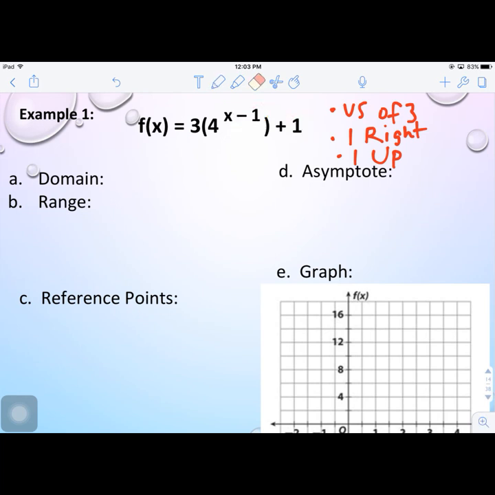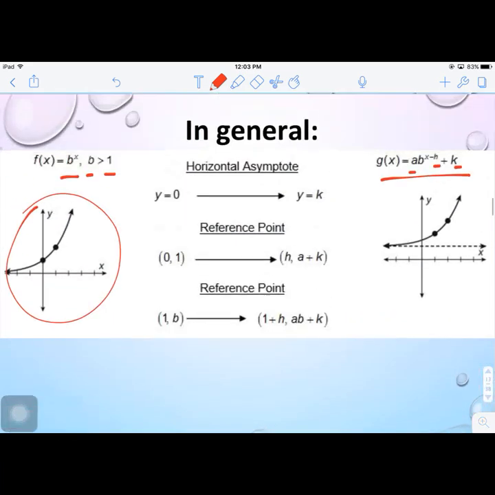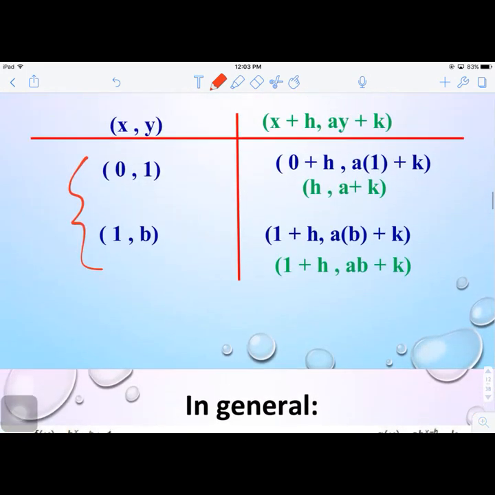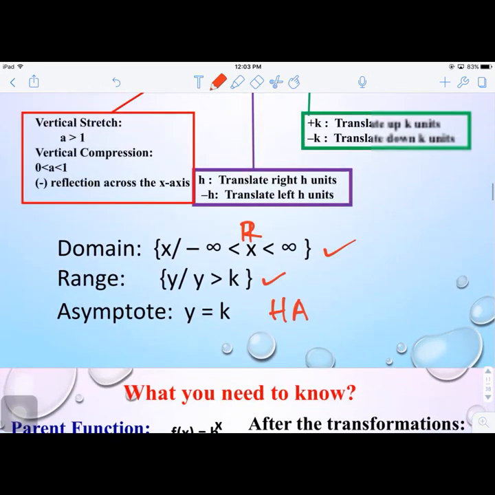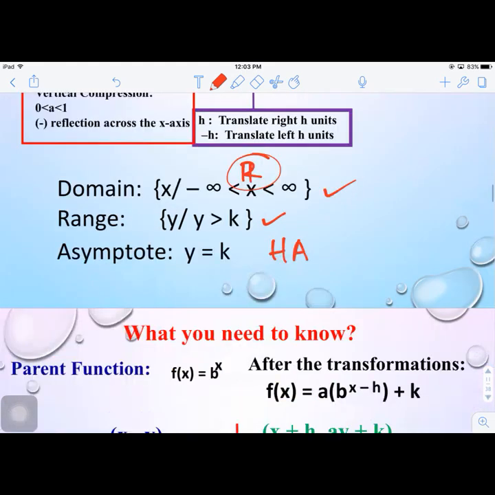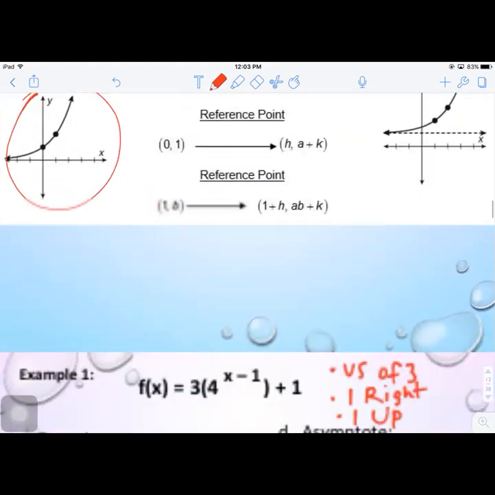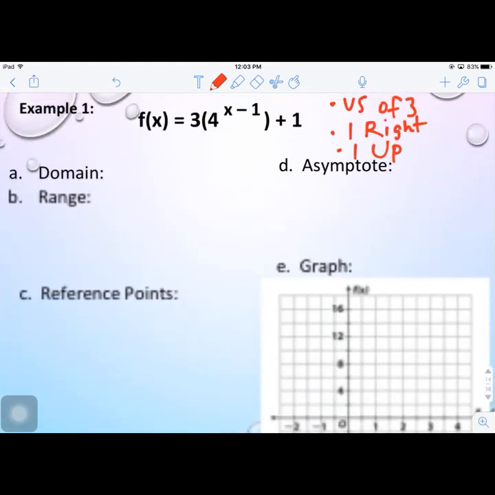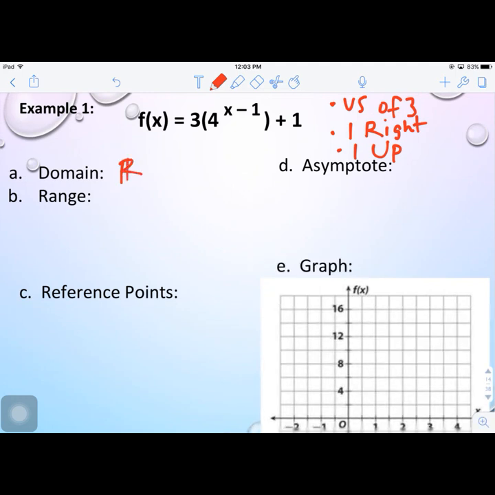And let's answer the question, what is the domain? Since this is an exponential function, and remember we said that the domain will always be all reals. So based on this, we can say that the domain is all reals. And the range is going to be this number right here.